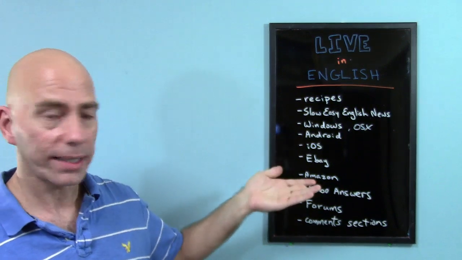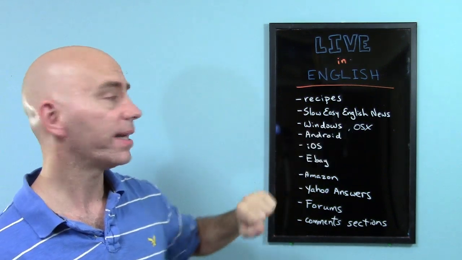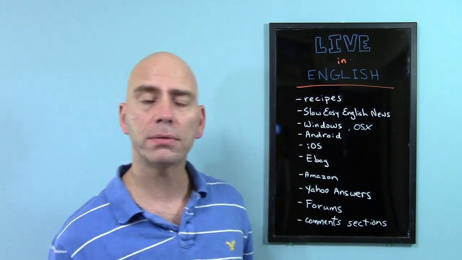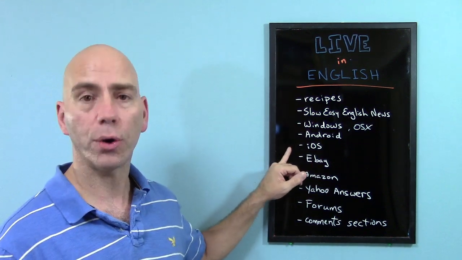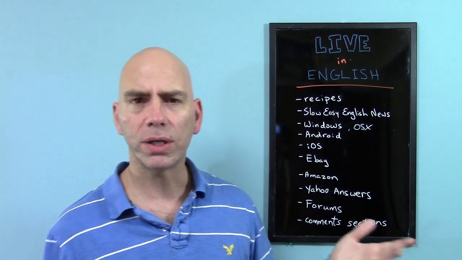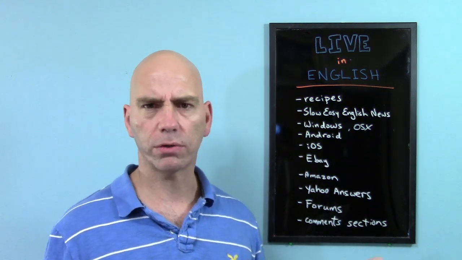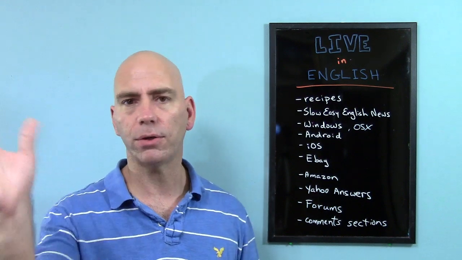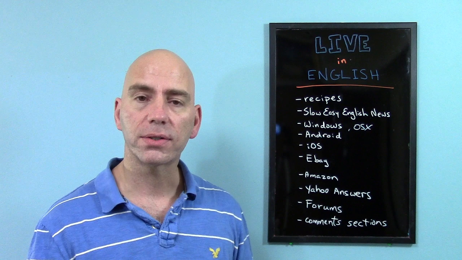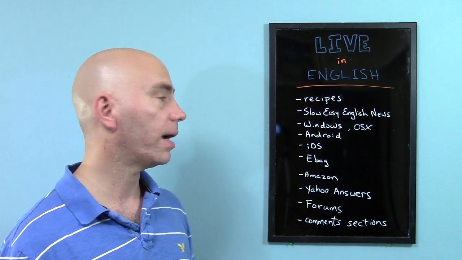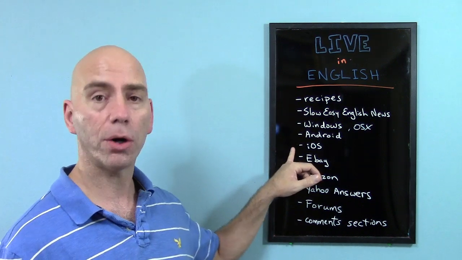And similarly to Windows and OS X, if you have a smartphone, you're probably using Android or iOS, maybe Windows 8 or Windows Mobile or whatever they use. Again, you can switch languages for the OS. I have an iPhone, so I use iOS.